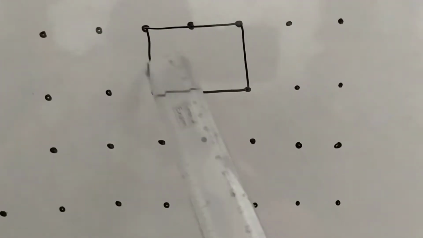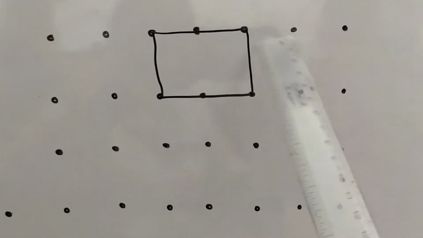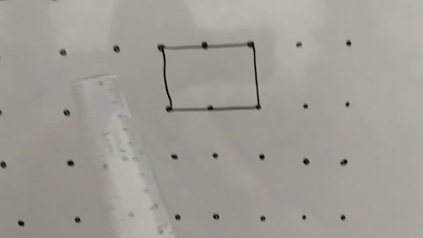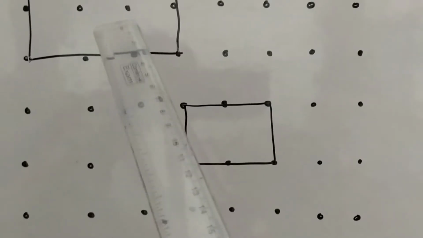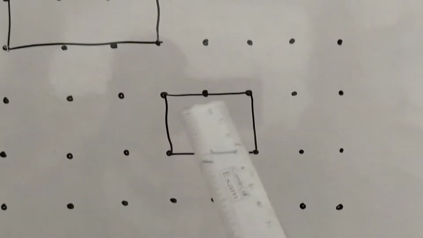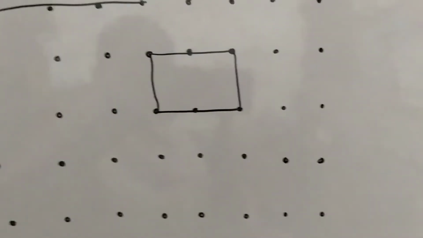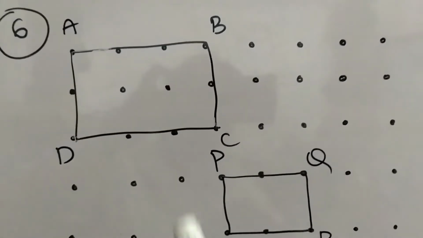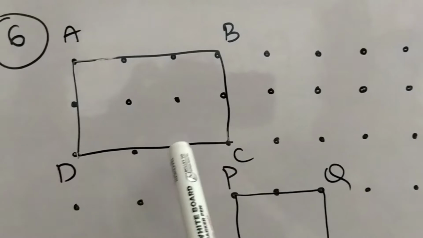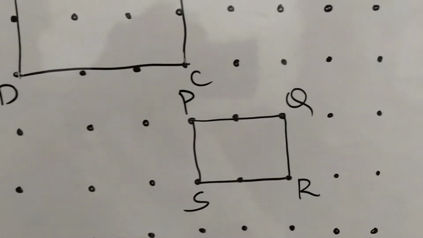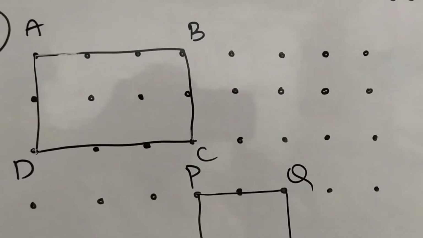Next, in the second rectangle we are taking length 2 and breadth 1. Now I am labeling these rectangles as ABCD and PQRS.